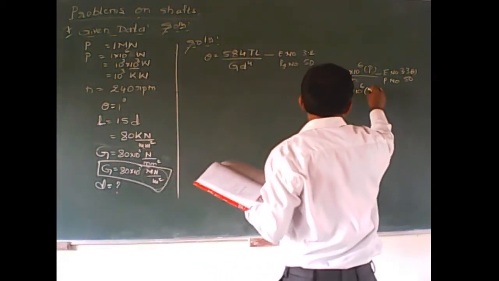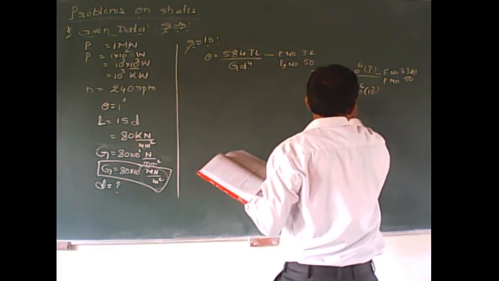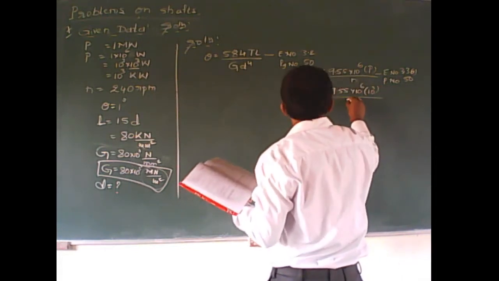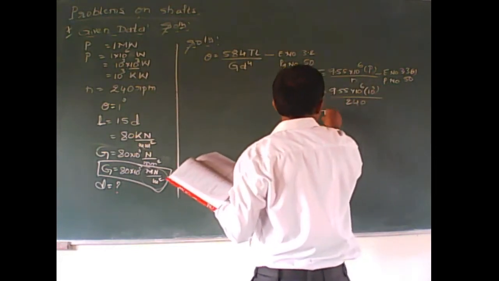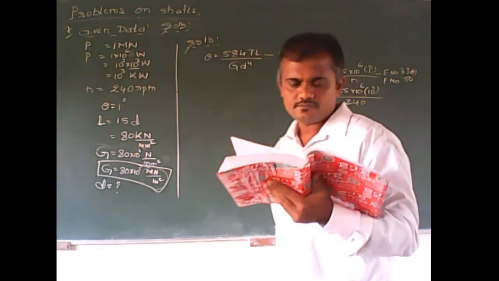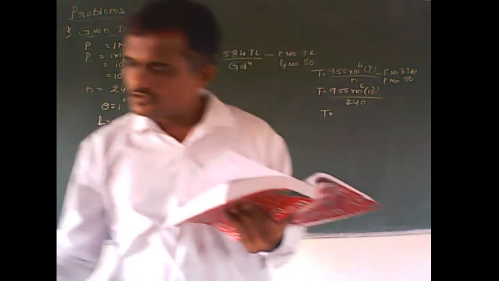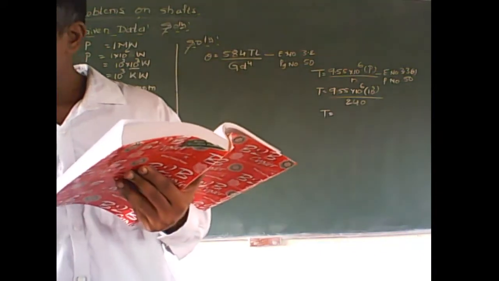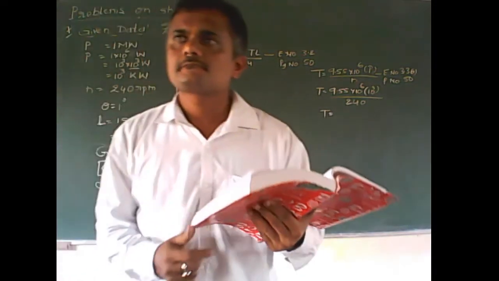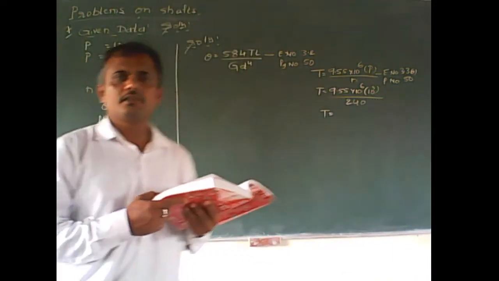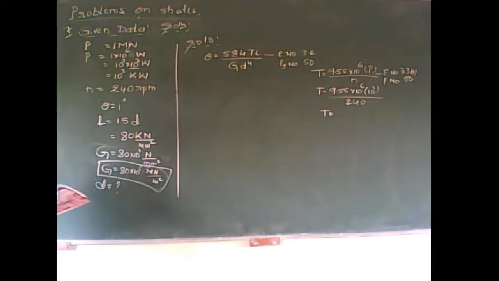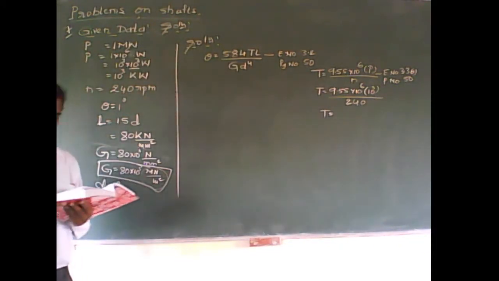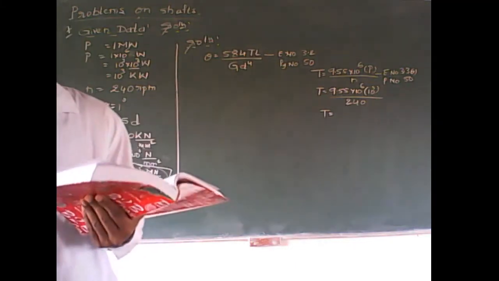Okay, so let us substitute 10 raised to 3 upon N, which is 240. Use the calculator and tell me the answer. Quickly. Use the calculator now and get me the answer. 39 point?